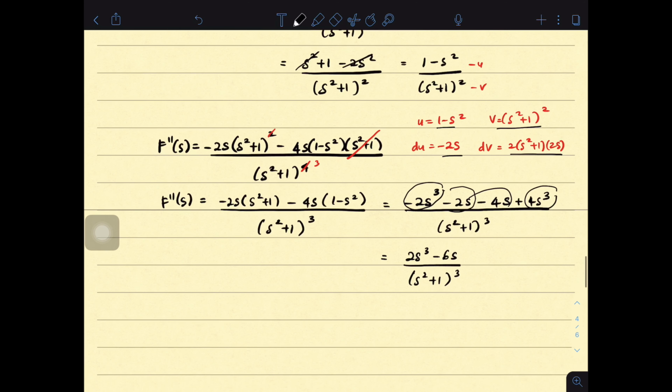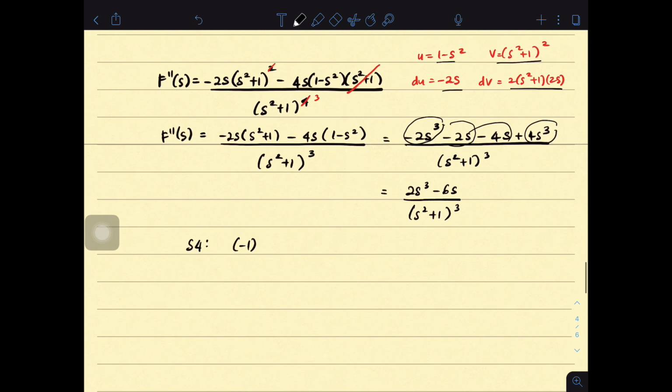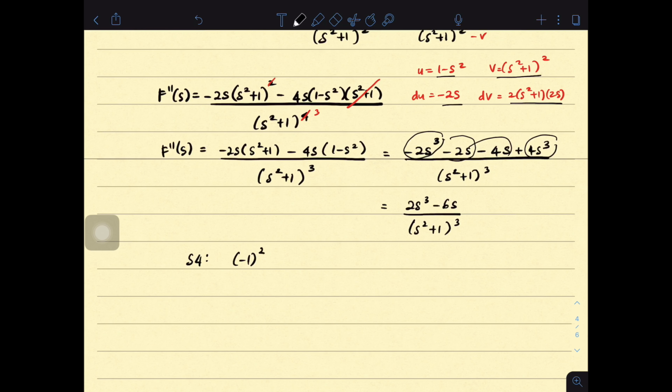Okay, then we move to step number 4. In step number 4, you need to multiply by negative 1 to the power of n. So now our n is equal to 2. Therefore, negative 1 to the power of 2 times the result from step number 3, which is your f double prime of s. So you need to multiply negative 1 to the power of 2 with (2s cubed minus 6s) over (s squared plus 1) to the power of 3.